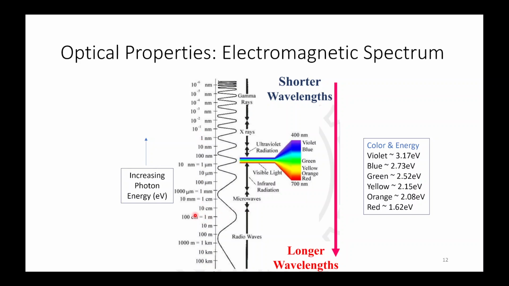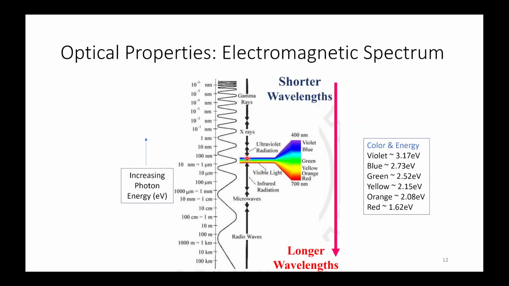This is the wavelength. Wavelength is increasing in the downward direction, and frequency is increasing in the opposite direction, and as frequency increases, energy also increases. So this is the increasing photon energy. Firstly, the highest wavelength is of radio waves, then microwaves, where it is smaller, then infrared, then visible light.